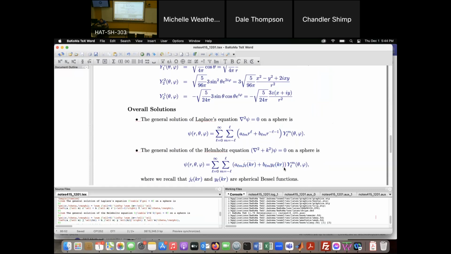But certain boundary conditions you might have, like for instance, if you're solving one of these PDEs on either the interior of a domain or the exterior of a domain, that could end up ruling out some of these terms. So it just depends on the domain of the problem and the kind of boundary condition you have.